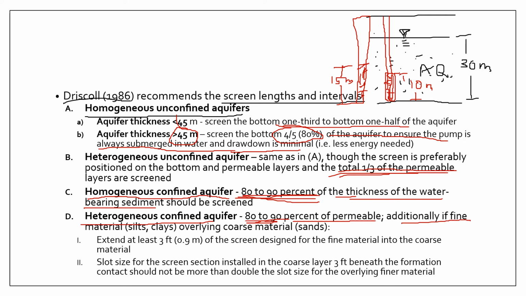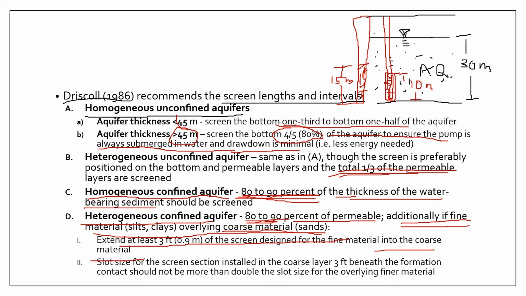And then there are also additional things to do if there are fine layers that are overlying your coarse material or sands. So if there are fine layers overlying coarser grains, we typically have to extend the screen for the fine materials downward to your coarse material.